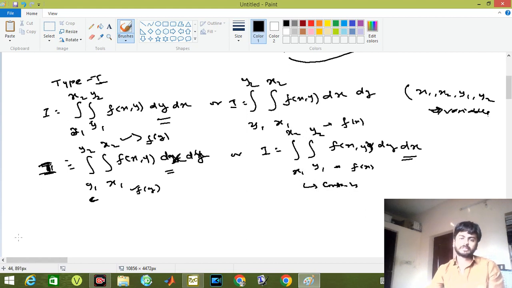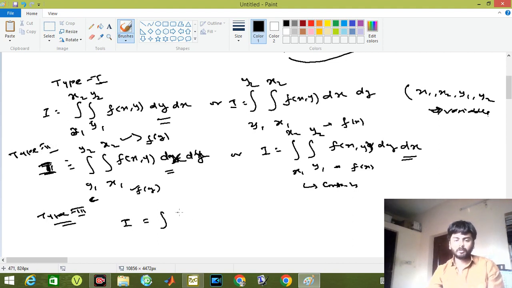This is our second type. In type 3 you will have two constants.